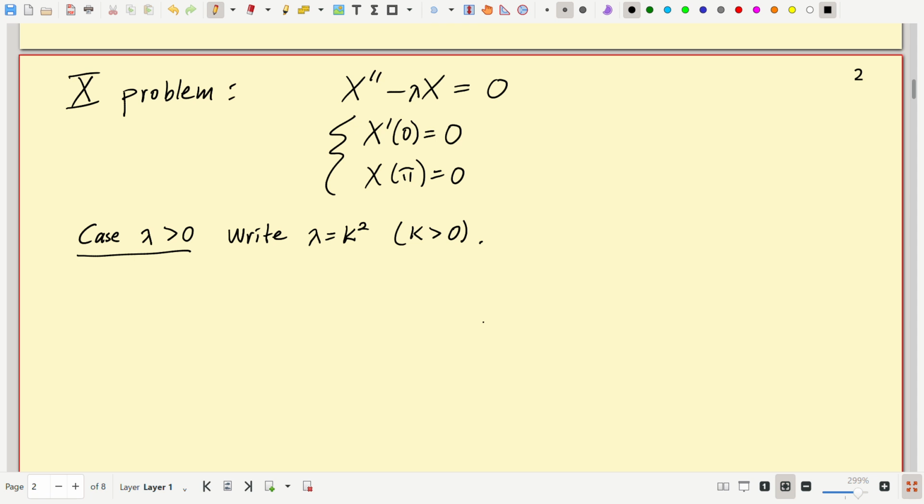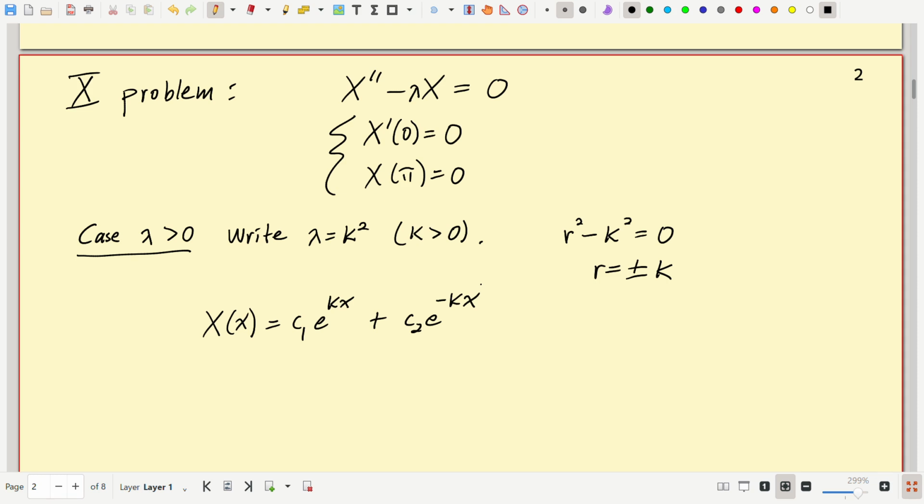Then the characteristic polynomial for the ODE is r squared minus k squared equals 0, and we get r equals plus or minus k. And we know the solution to that ODE is X of x equals c1 e to the kx plus c2 e to the minus kx.